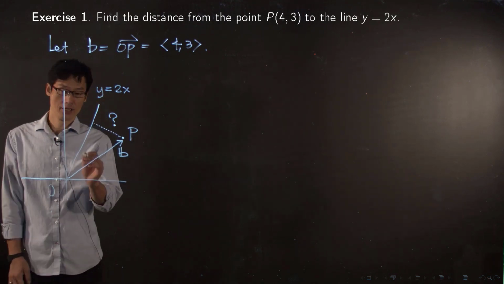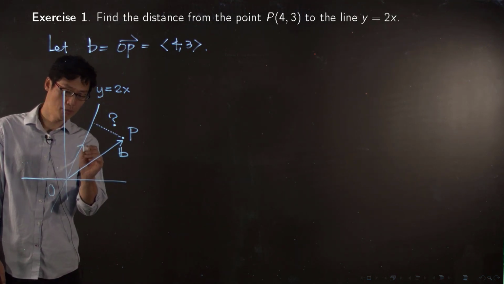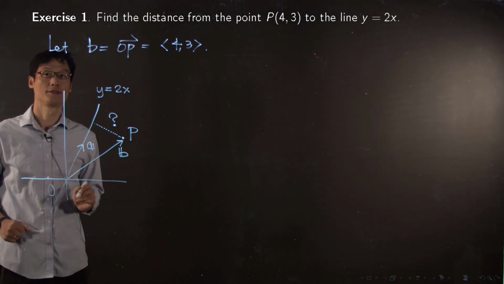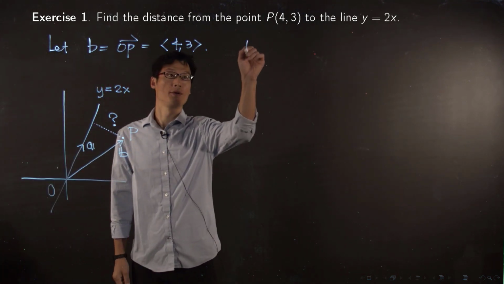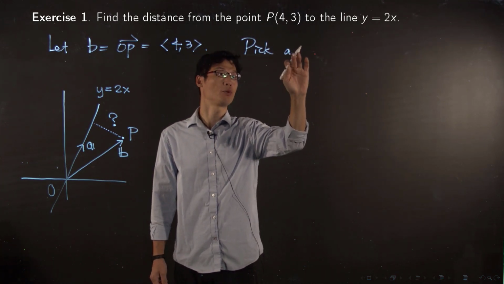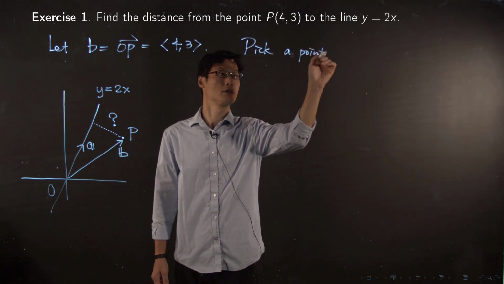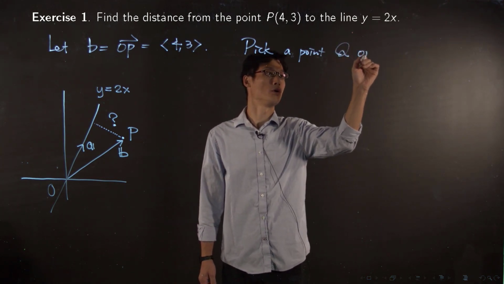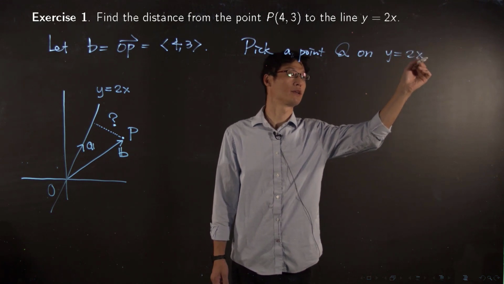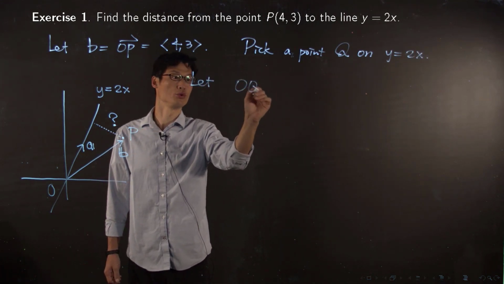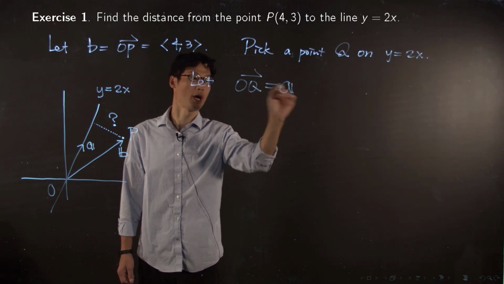And then let me pick any point to have vector A. So pick any point, say Q on the line. And then let OQ be our vector A.